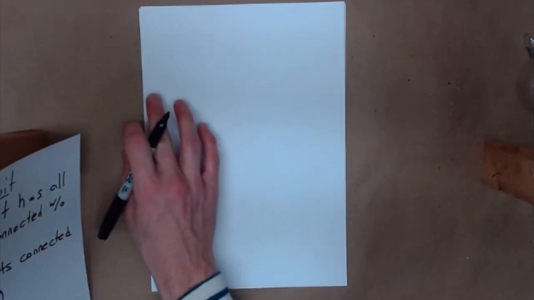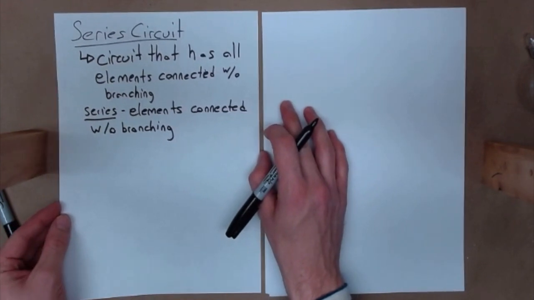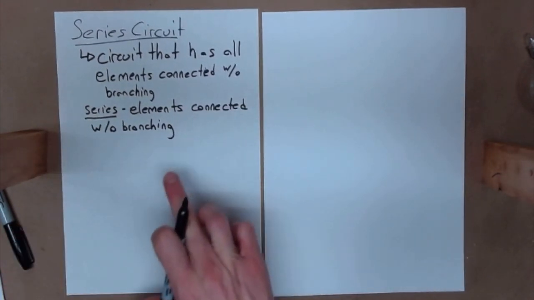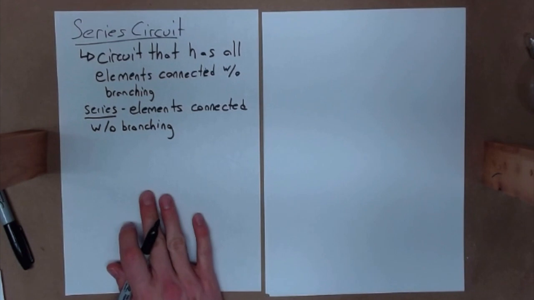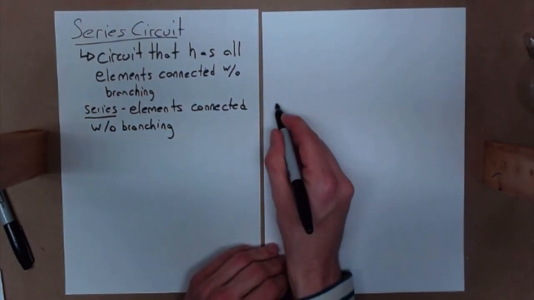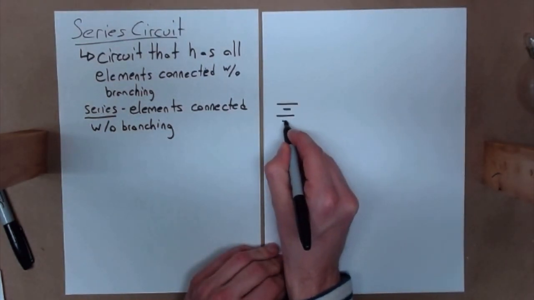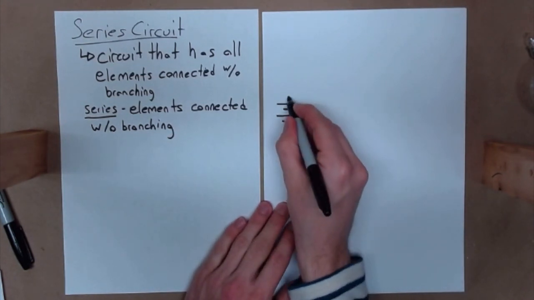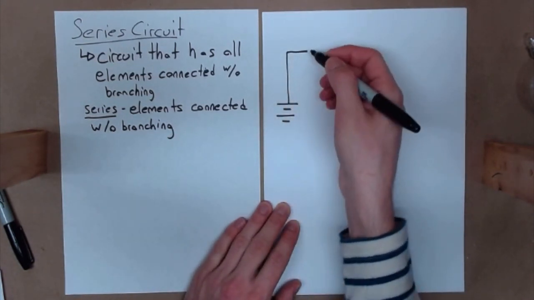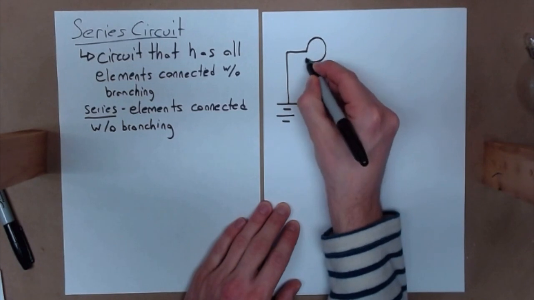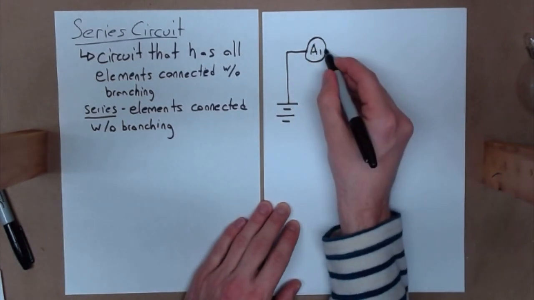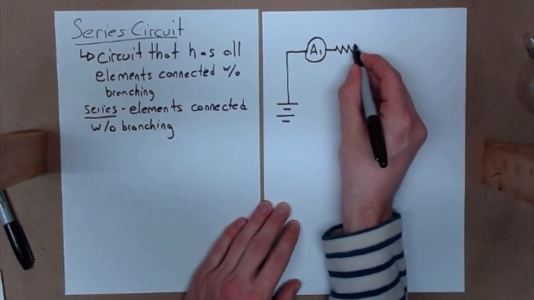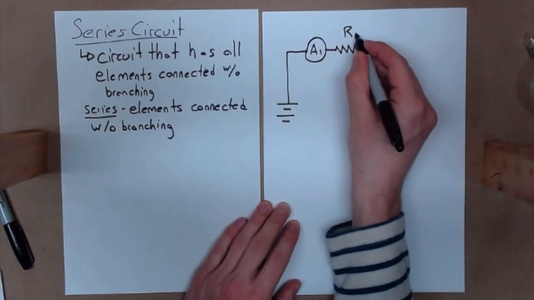What I'm going to do now is use a second piece of paper to draw the circuit, and then we'll come up with the rules for a series circuit underneath our notes here. So this circuit will consist of a battery, like this. The battery will go up and over to an ammeter that I'll label A1. That's connected to resistor R1.